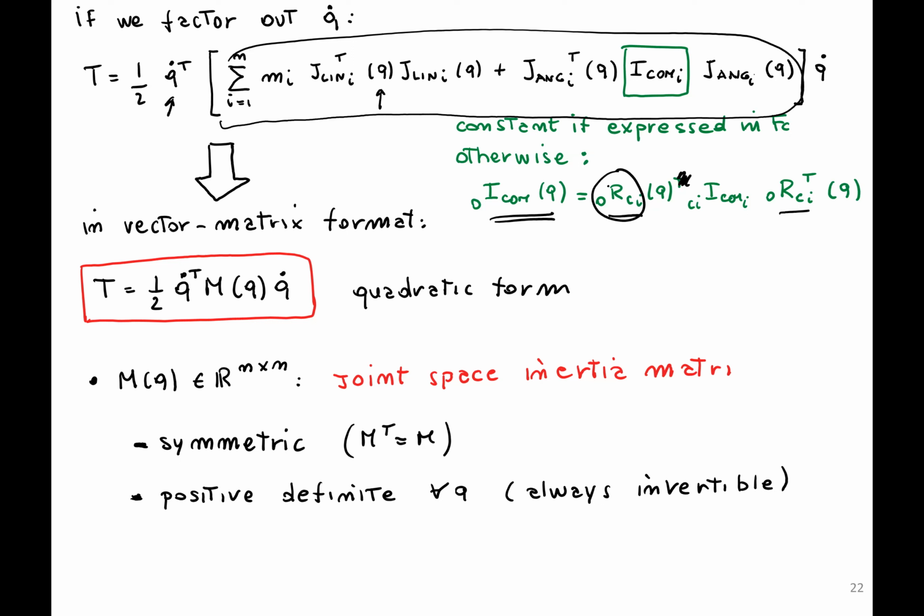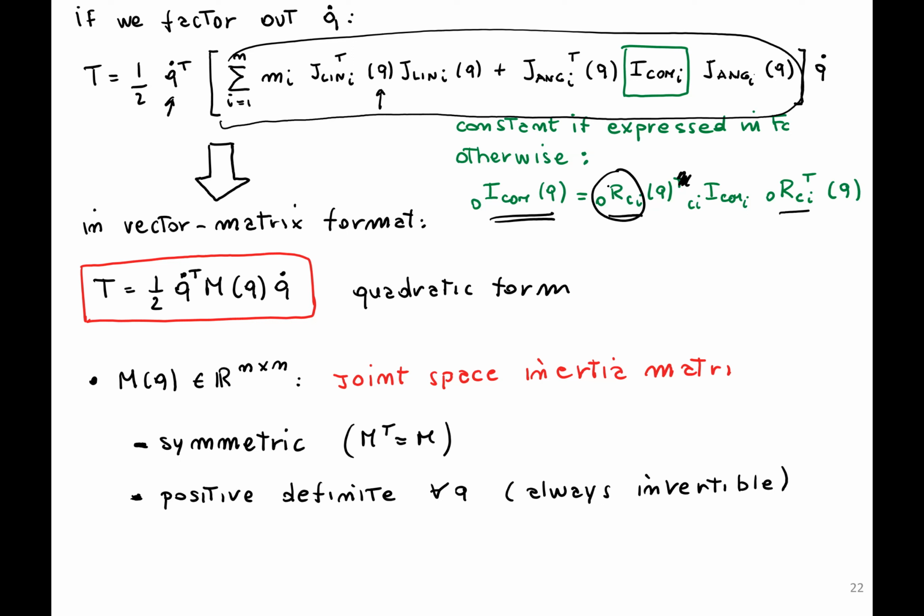This whole derivation has been done just to show you that we have an inertia matrix coming out from the kinetic energy, but we will compute the inertia matrix not using these Jacobians, which is quite complex, but in a direct way.